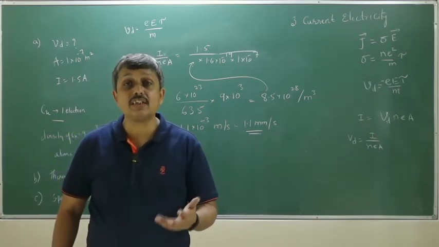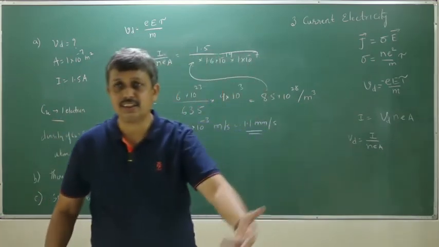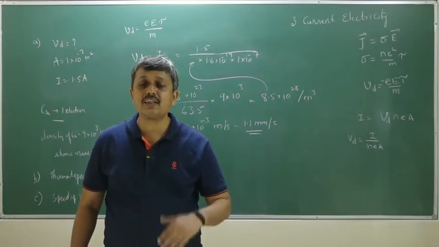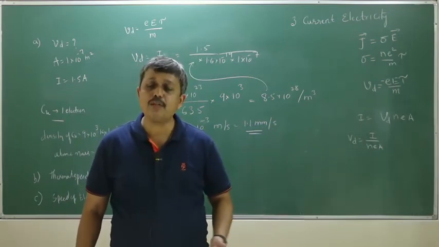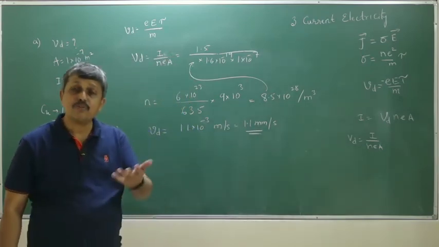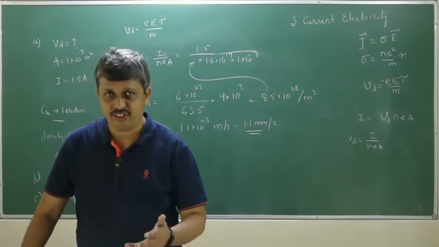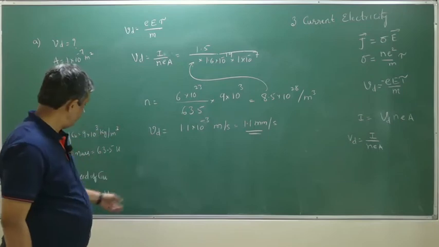It is not that one drift will cause the other drift; the electric field will cause the other drift. So the moment the electric field is set up, the drifting starts immediately. That means the speed of electric current is almost the same as the speed of light, with maybe a slight difference. So that is the third question.